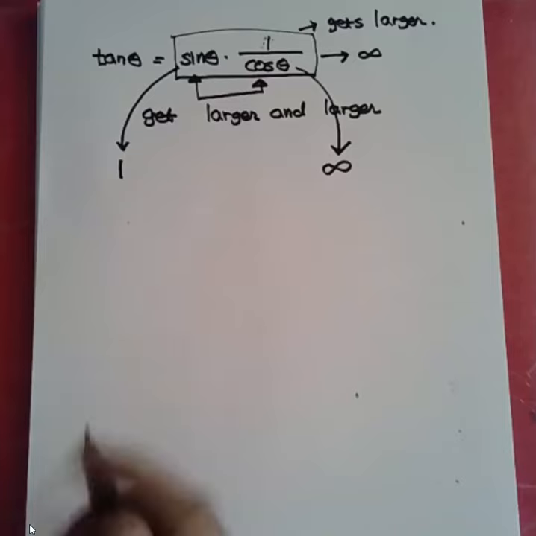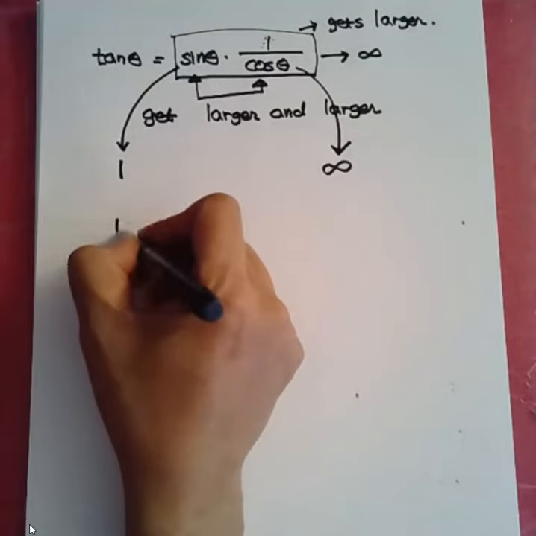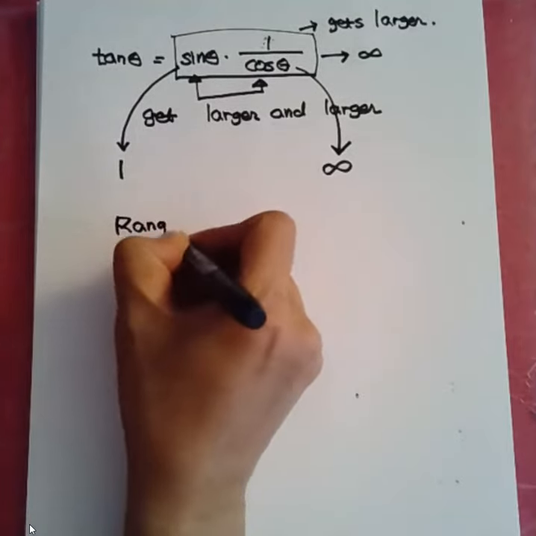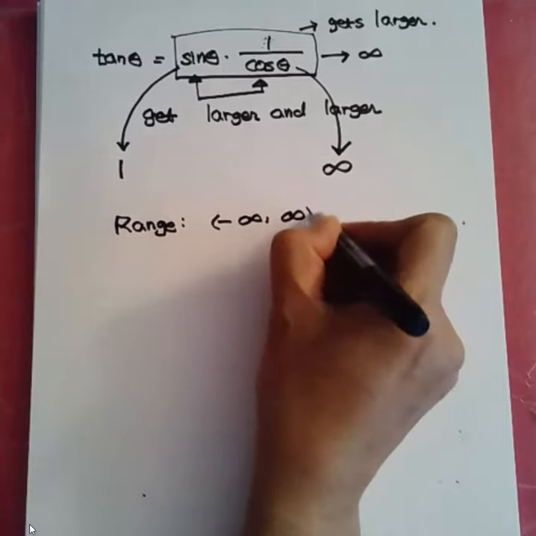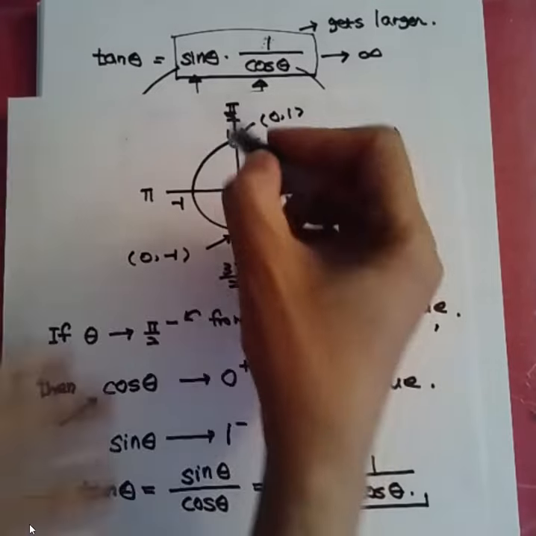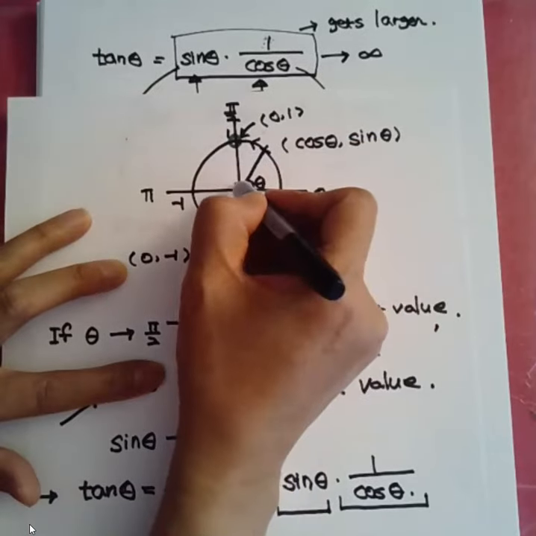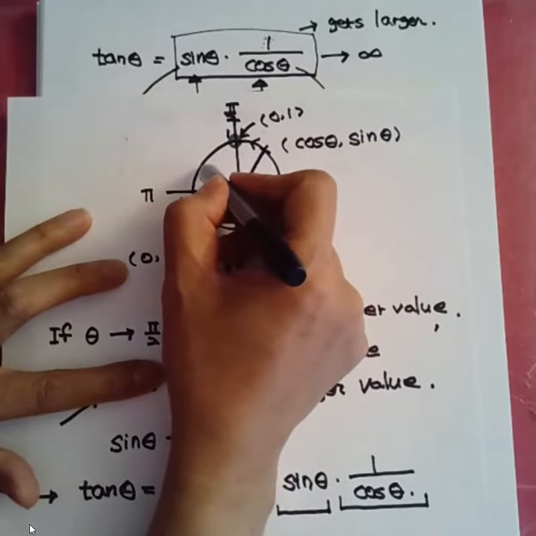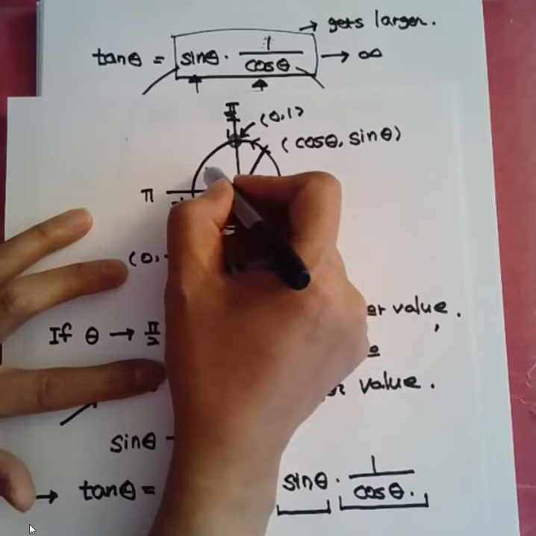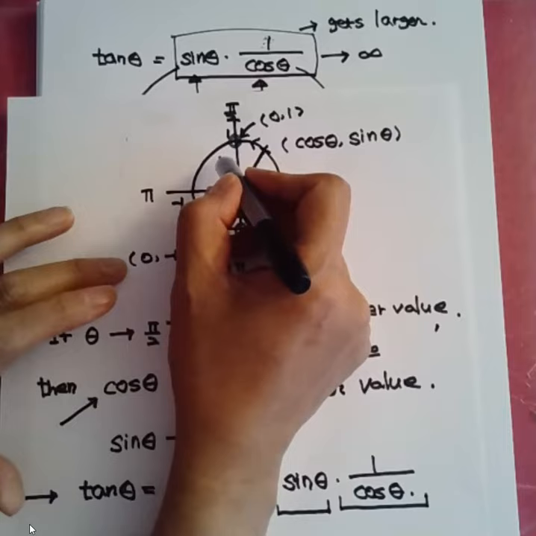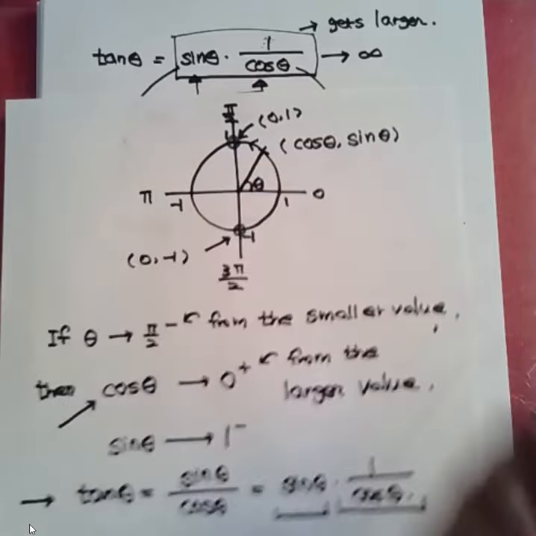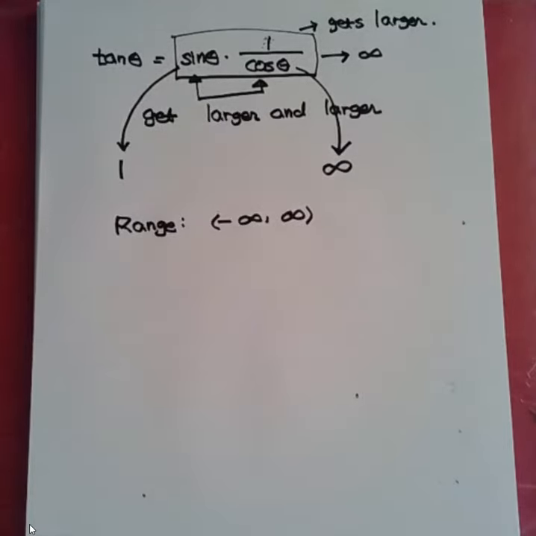So range will be minus infinity to infinity. You can do the same reasoning by locating the angle on the left side. Then this time cosine value will stay negative all the time. So while we do the same reasoning, the divergence happens to negative infinity.